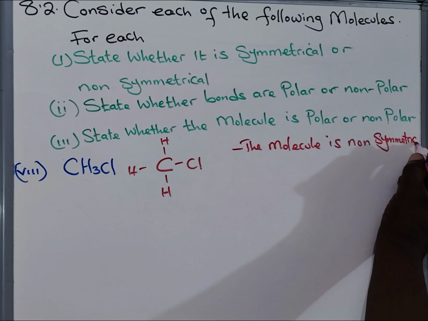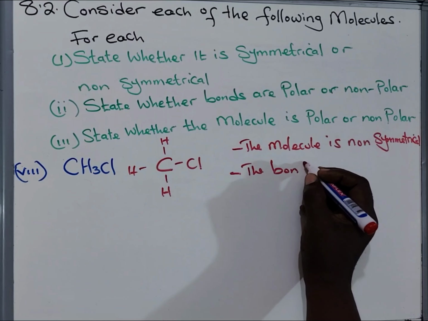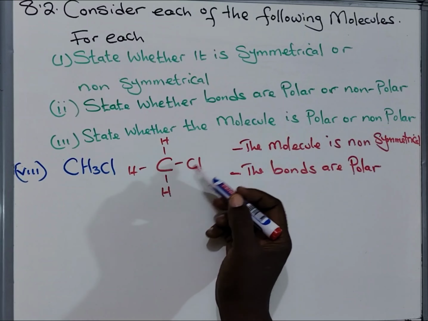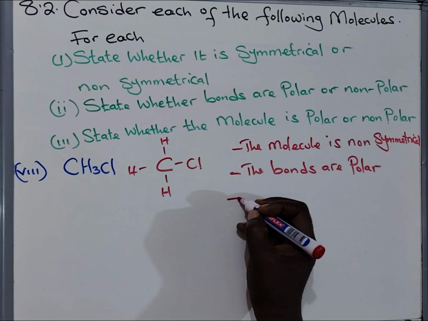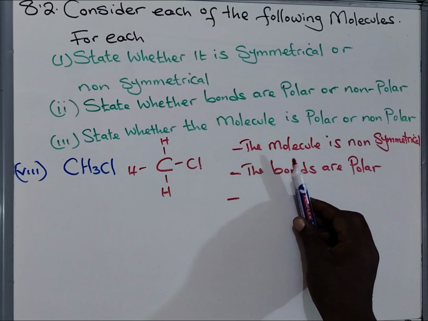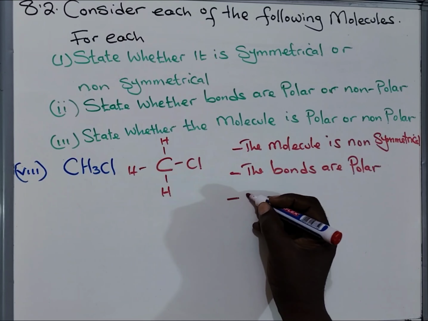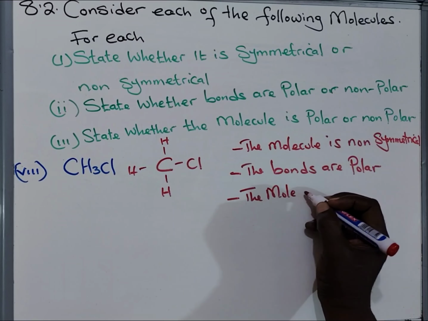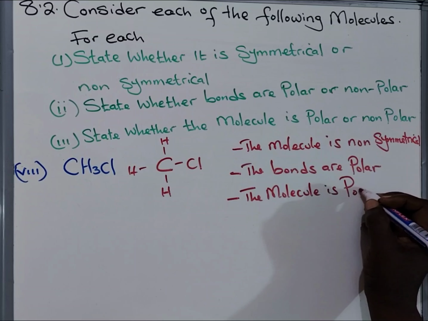The bonds are all polar, because carbon is different from all these atoms surrounding it. Then you come to the molecule. You need to know that once the molecule is non-symmetrical and the bonds are polar, definitely the molecule will be polar. So the molecule is polar.